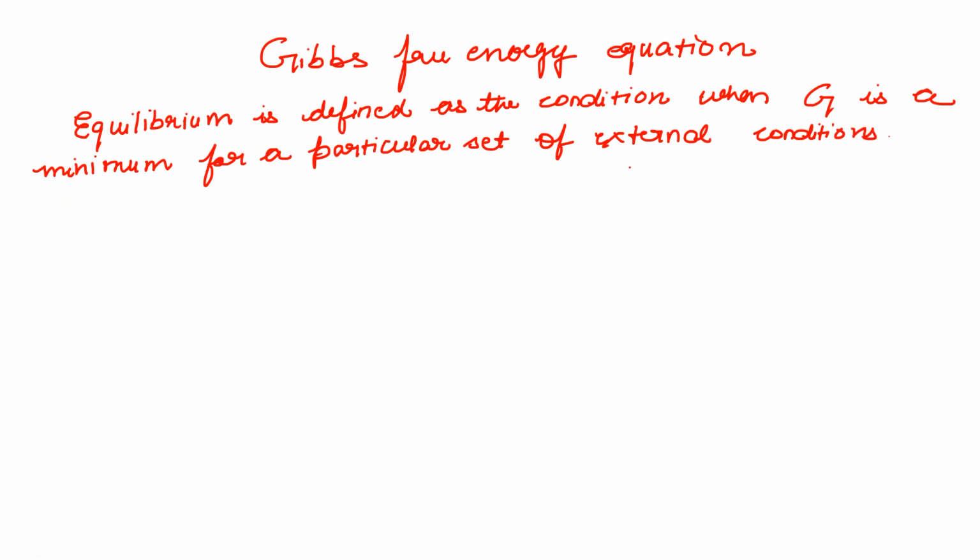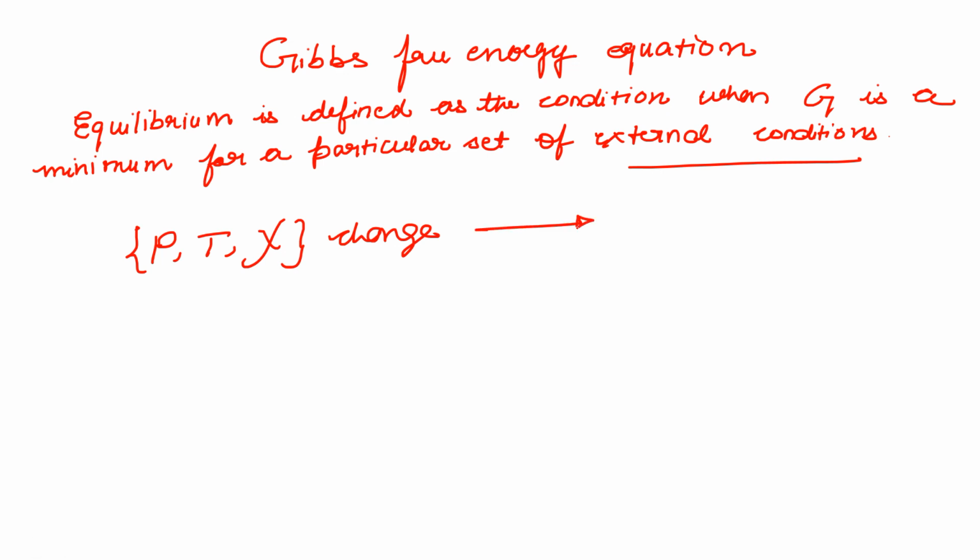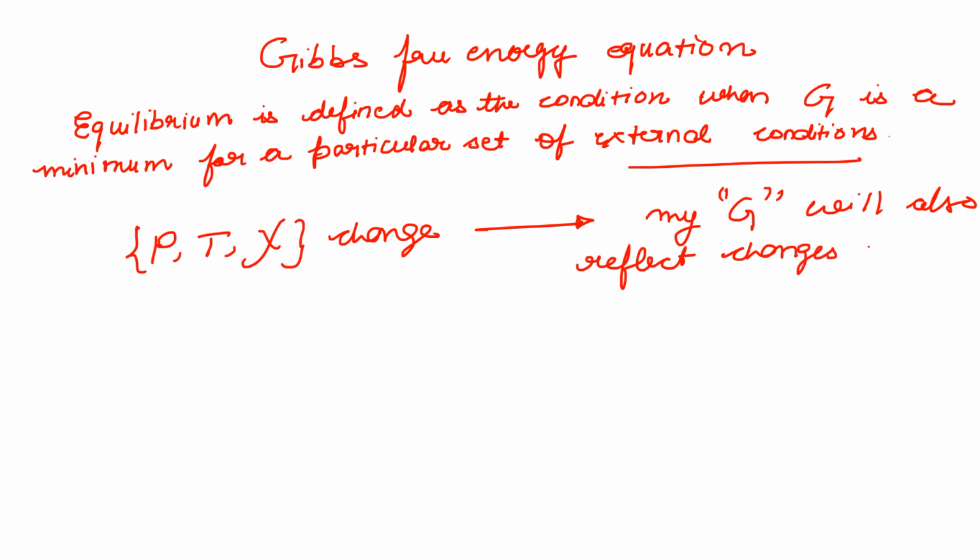And what are these set of external conditions? We have pressure, temperature, and composition, and when there is a change in any of these, my G, that is my Gibbs free energy, will also reflect the change, and the direction of the change will be towards a new minimum.